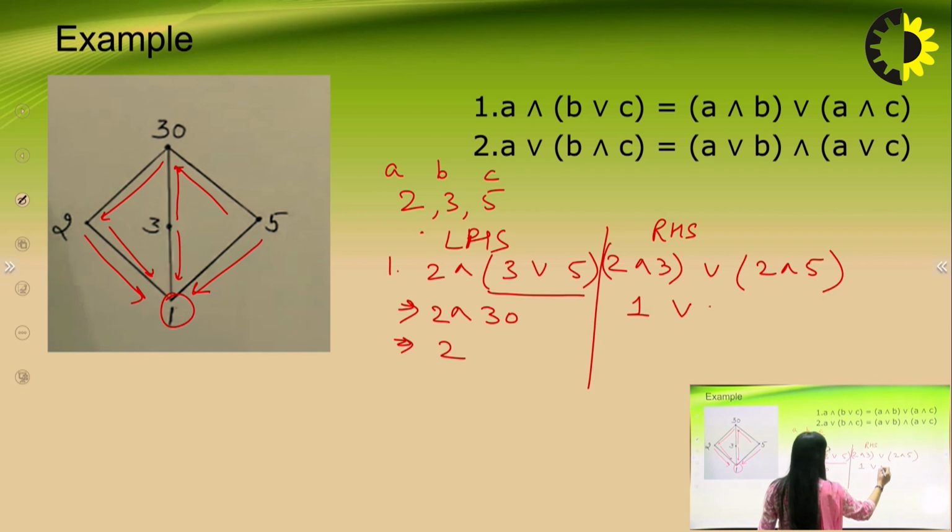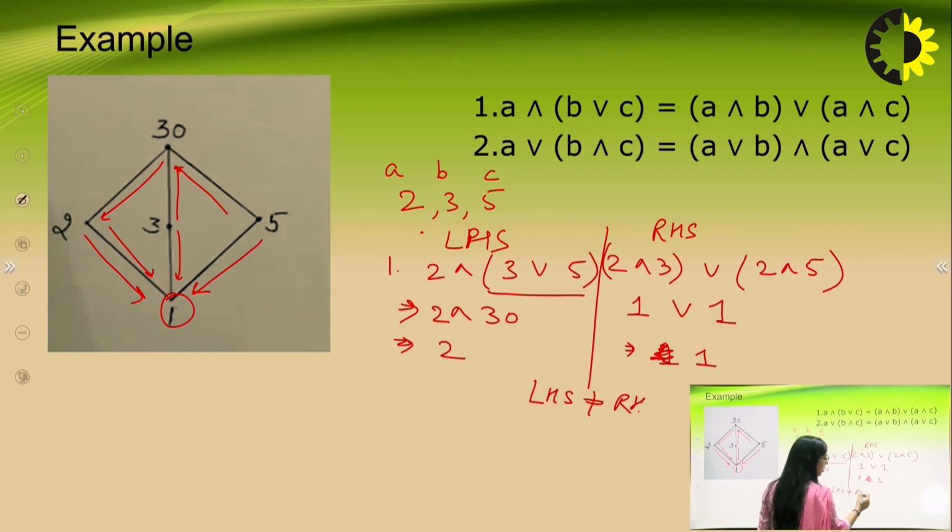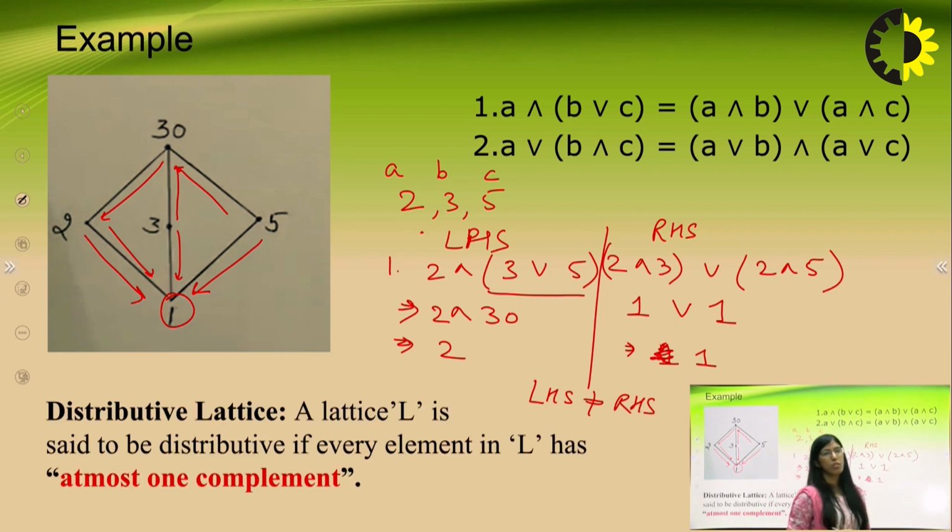We will be reaching 1. Here the join of 1 with the same element is also 1. So LHS is not equal to RHS here. So this is not a distributive lattice.